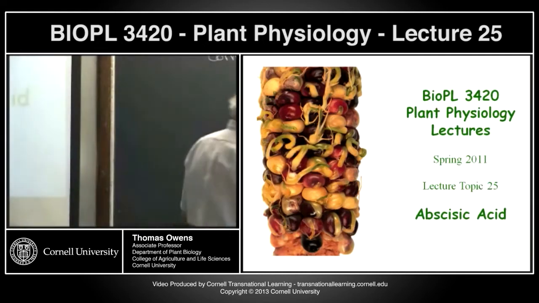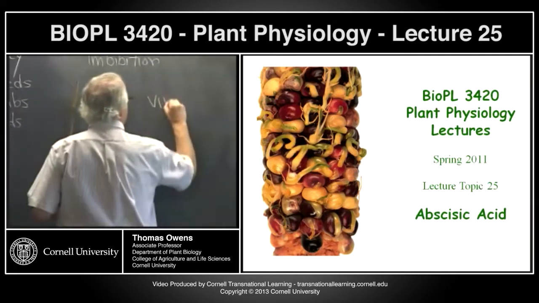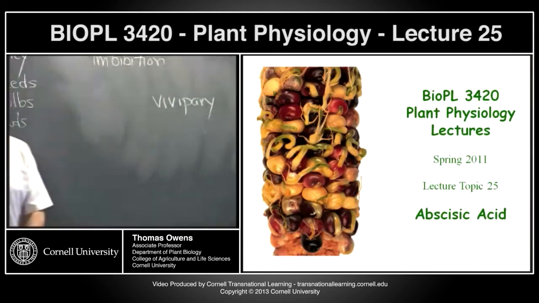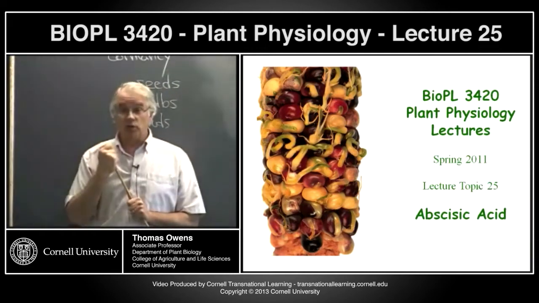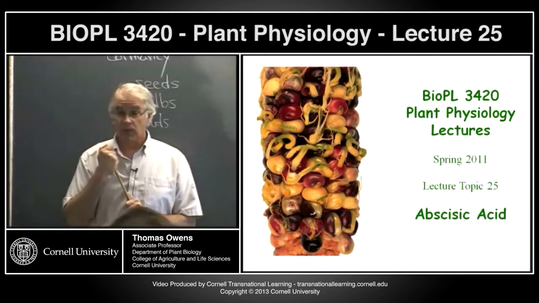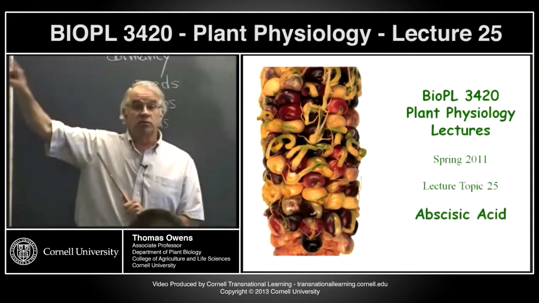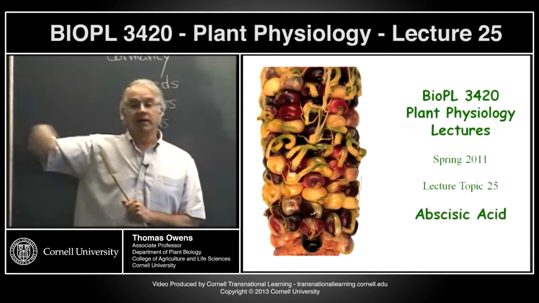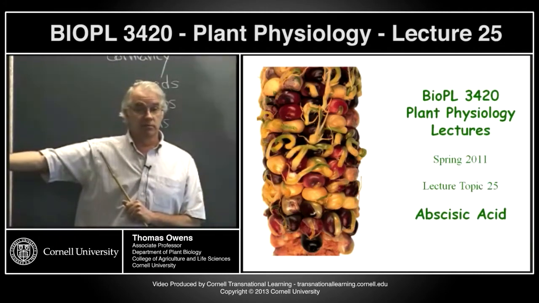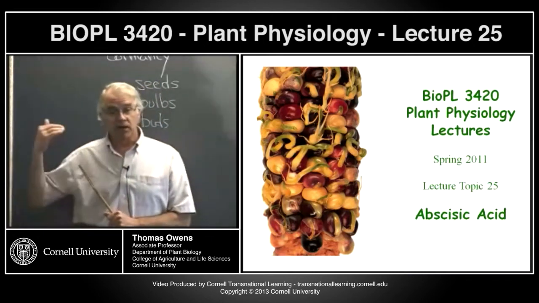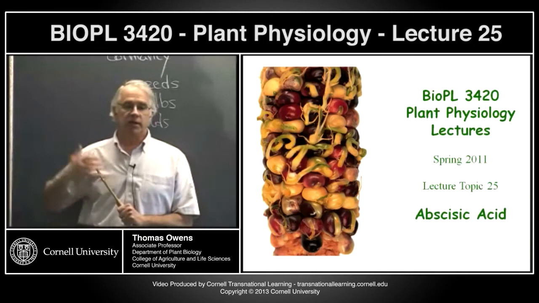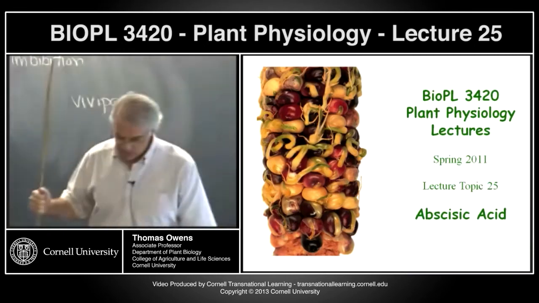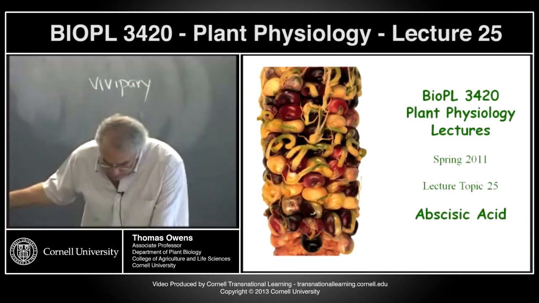It's called vivipary, premature germination of seeds, often very early in the seed forming process. In other words, dormancy was never established in these seeds. The embryos were formed, and as soon as they were formed, the seedlings started growing. Nothing held back the growth of that embryo. In normal seed development, that embryo would be held back for some period of time until the dormancy was released. And this is where ABA came in.